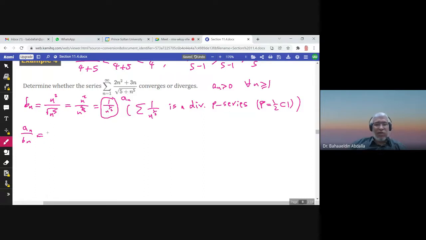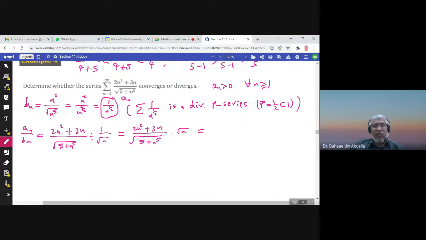So actually, let us do it again one time, and then after that I will do it quickly. We have this one divided by 1 over square root of n, or n to the power half, so it would be multiplied by square root of n over 1.